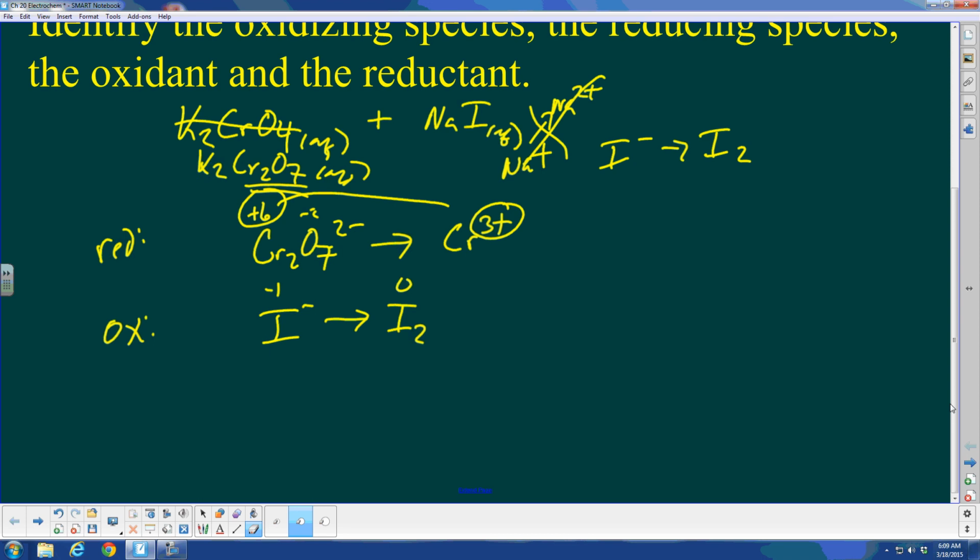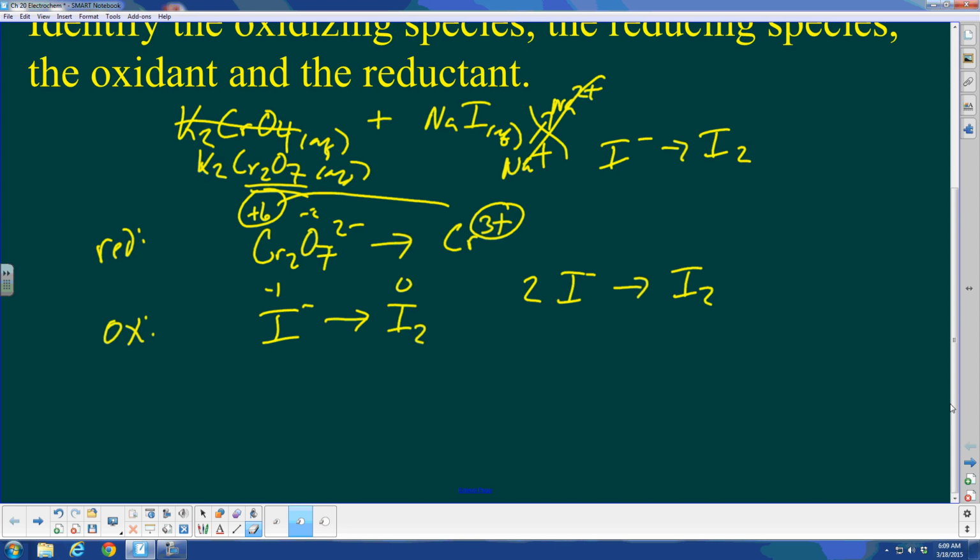Yes, indeed, that is reduction. All right, so let's start with my oxidizing half reaction. Let's follow the steps. So I have I- going to I2. What's the first thing? We've written our half reaction. Now what do we want to do? We want to balance atoms. I have 2 iodines on the right, and so I have to put 2 iodides here. Are my oxygens balanced? Yes. Are my hydrogens balanced? Yes.